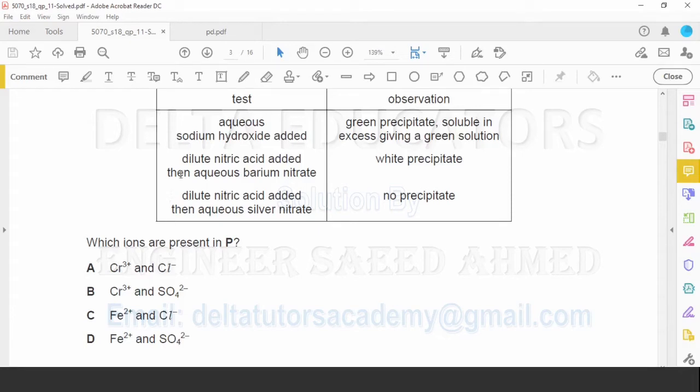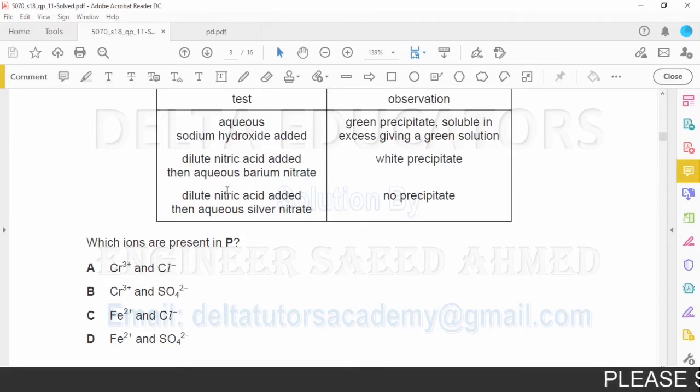Now the second test, dilute nitric acid added, then aqueous barium nitrate. We get a white precipitate. This test is done for the confirmation of sulfate ion. This white precipitate is because of the sulfate ion. So here we have sulfate ion, which is given in option B. So our possible option is option B. Okay, we will also check the third one.